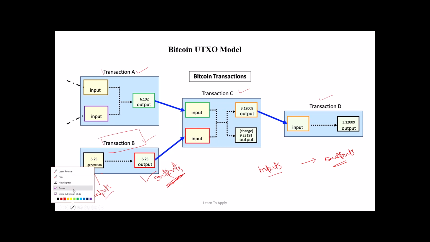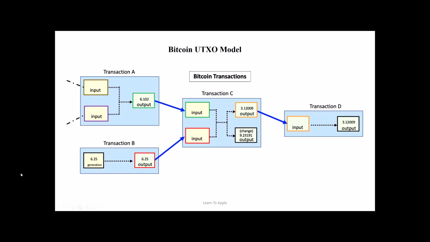So in order to understand these things, what is this input? This is basically an output of a previous transaction. That could be the output of any transaction, and this is also an output of some other transaction.